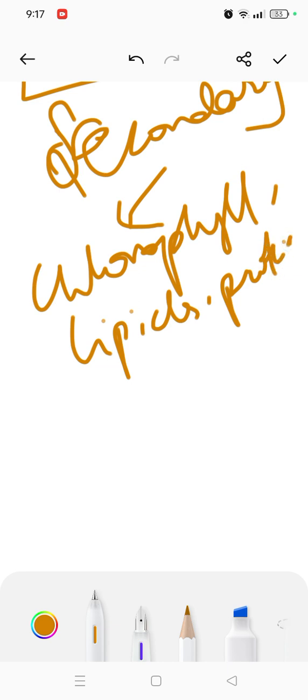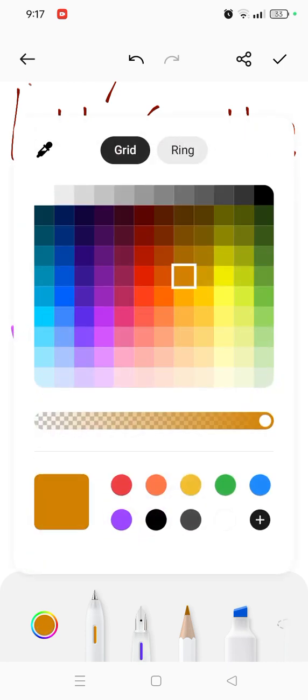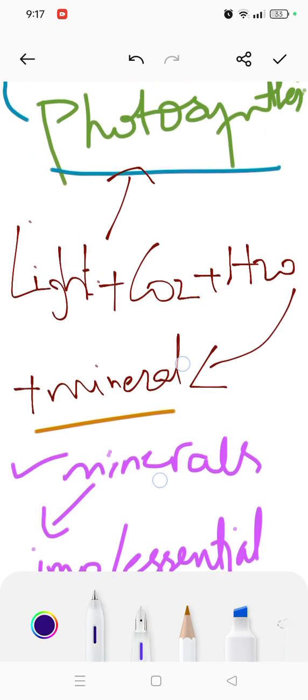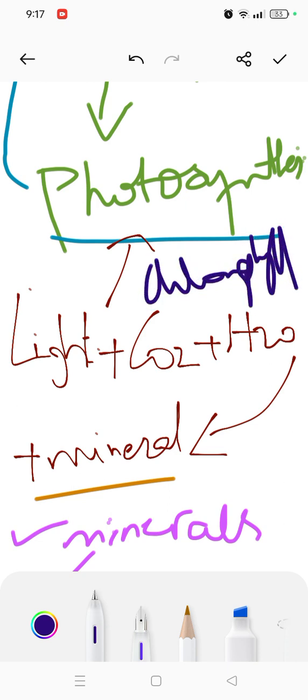Even chlorophyll, as we know, is needed for photosynthesis. Now if you're thinking why minerals are very important, you know that when photosynthesis happens, they require chlorophyll. Chlorophyll is a green pigment. When the green pigment is present, then this all would be possible. But what if we don't have chlorophyll? Of course, photosynthesis can never take place, right? So minerals are very important because they make chlorophyll and other secondary products.